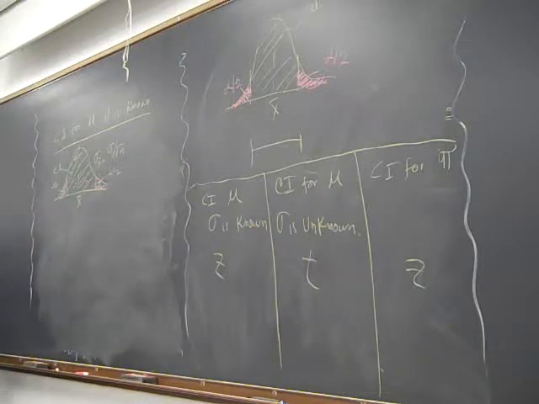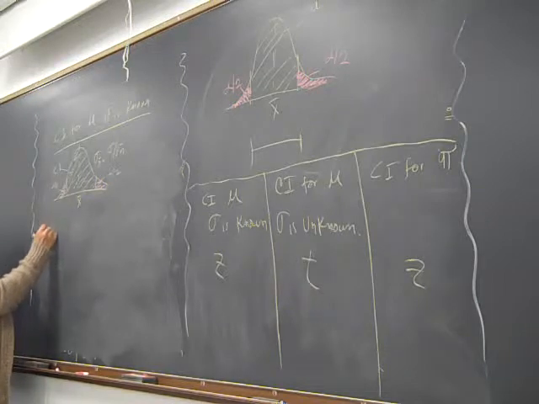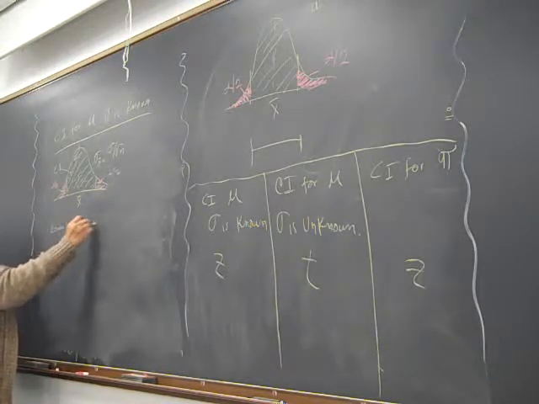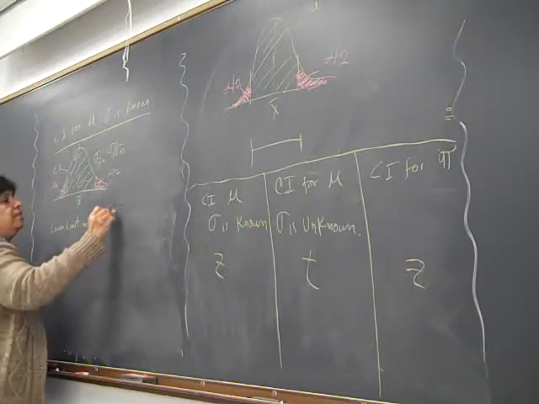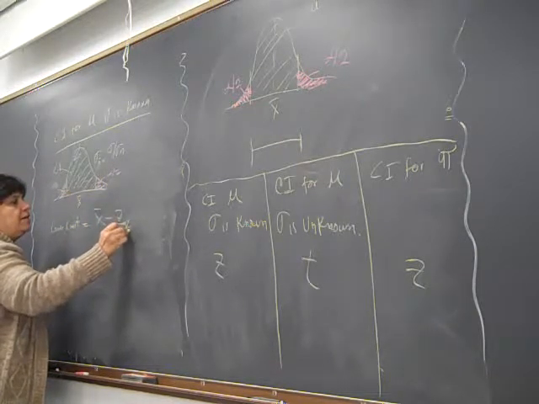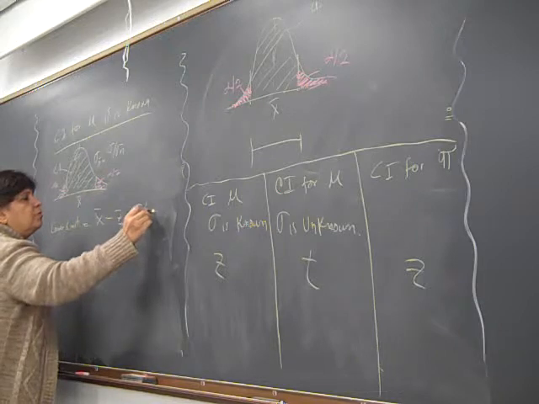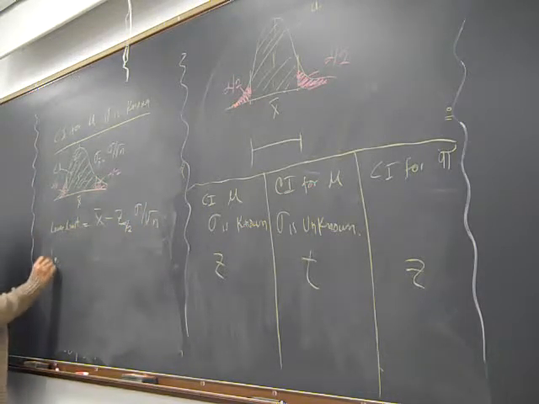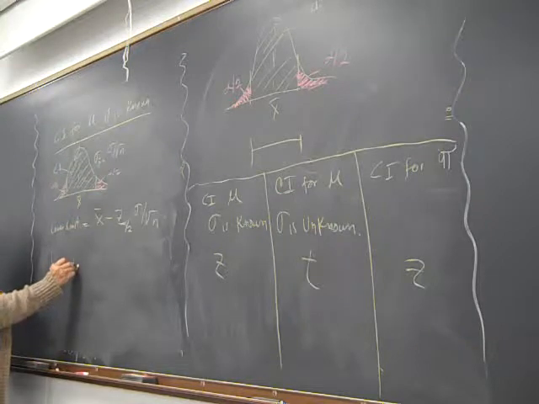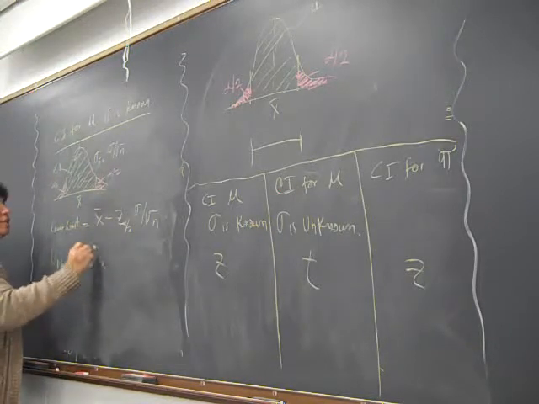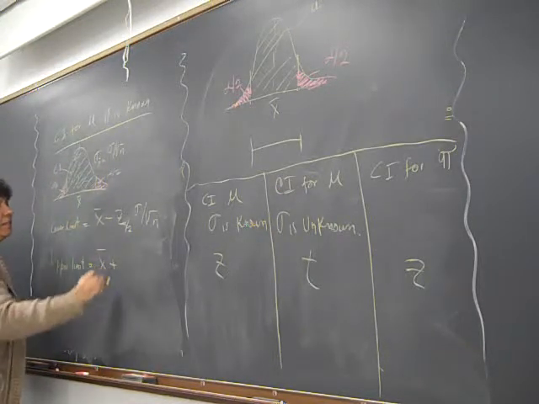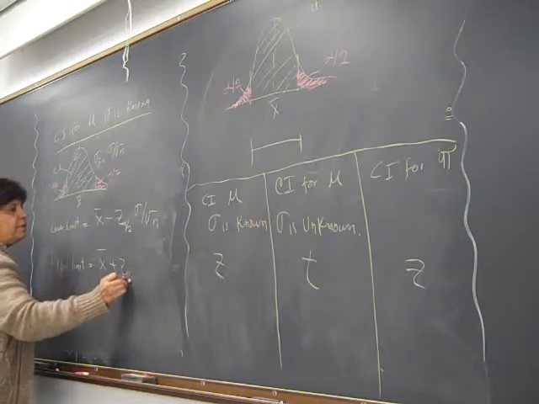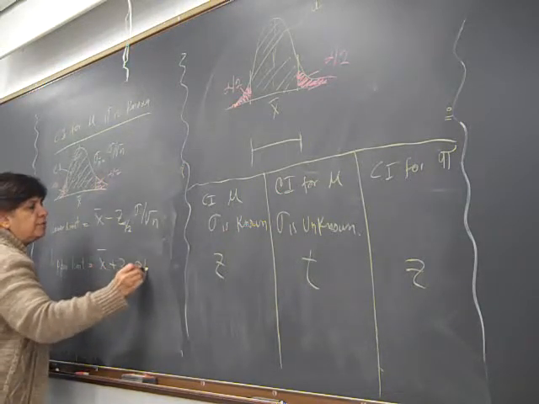So the lower limit of my confidence interval is equal to x bar minus z of alpha divided by 2 times sigma over square root of n. And the upper limit is equal to x bar plus z of alpha divided by 2 times sigma over square root of n.